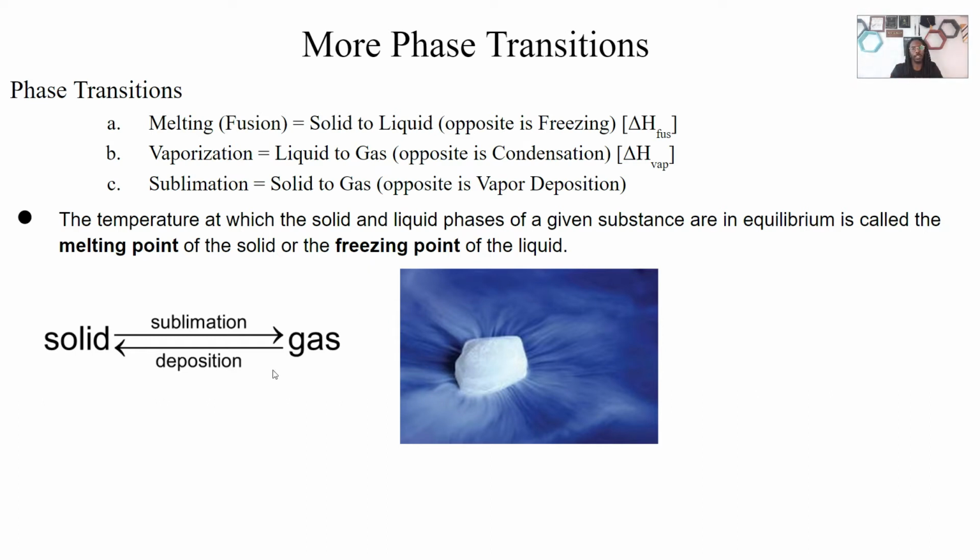And we could see a couple examples here. For example, if you got solid going to gas, this is an example of sublimation. And now we understand, you got a gas going to solid, that's an example of vapor deposition.